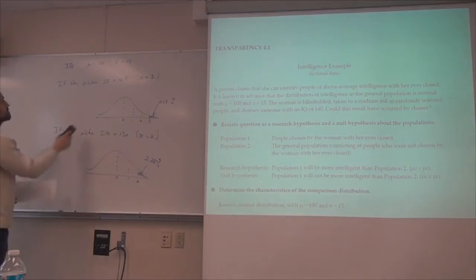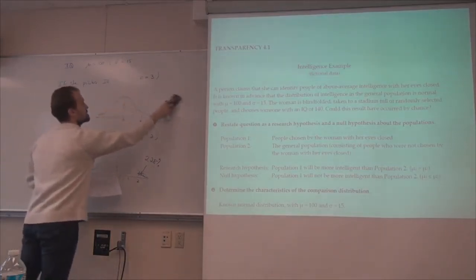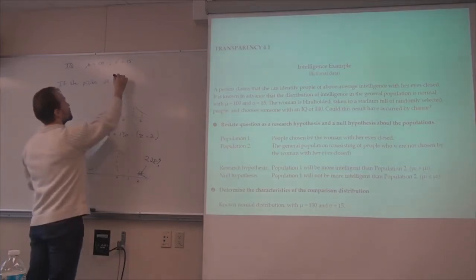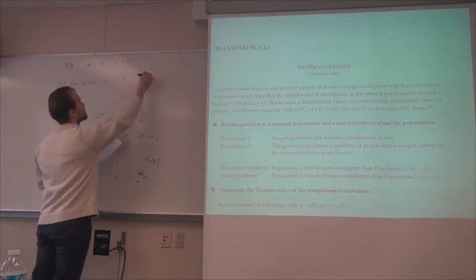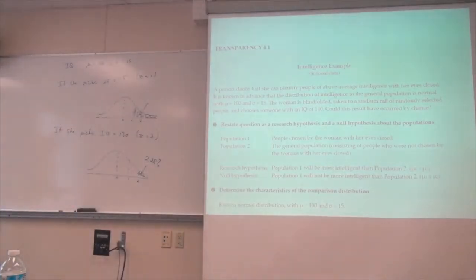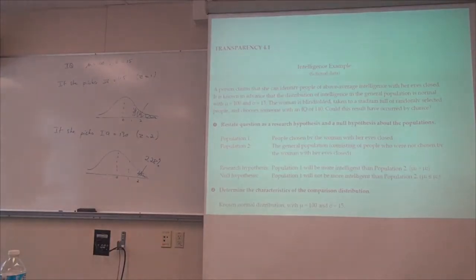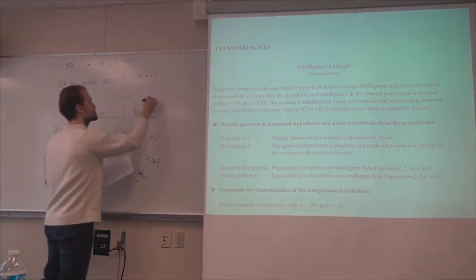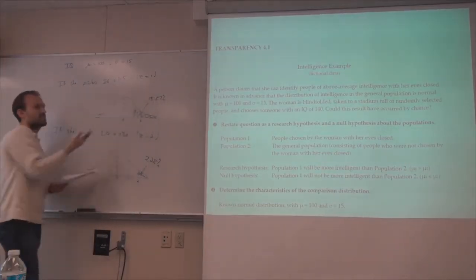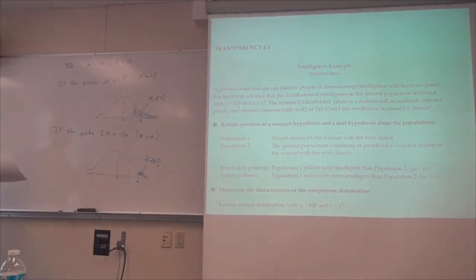I'll do one more. If she picks an IQ of 115, that's a z value of 1. That puts me over here, and the probability of z equal to 1 is 15.87%. So now I think, well, yes, you did pick someone with above average intelligence.